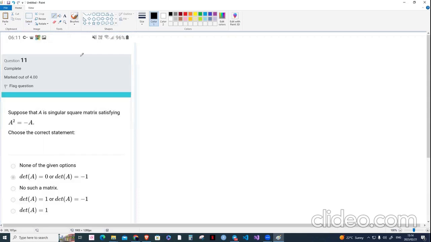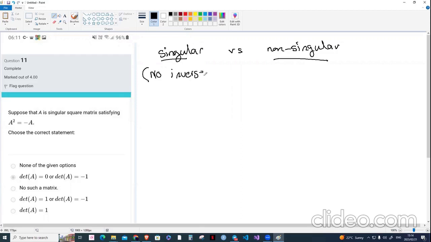One thing you need to know about singular matrix. Singular versus non-singular, right? A singular matrix is a matrix with no inverse. Then a non-singular matrix is a matrix with an inverse, or we call it an invertible matrix.